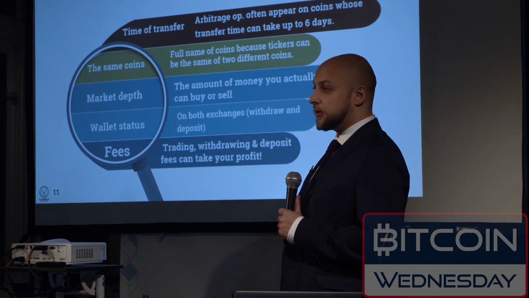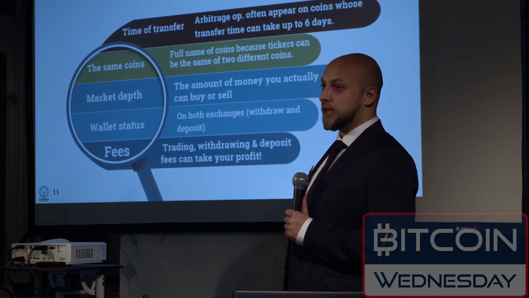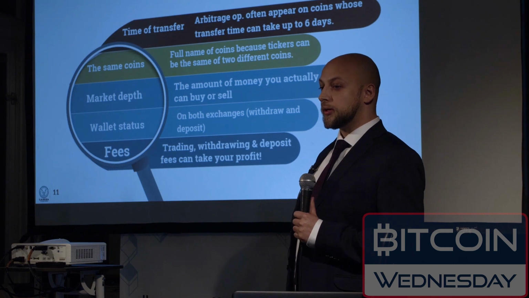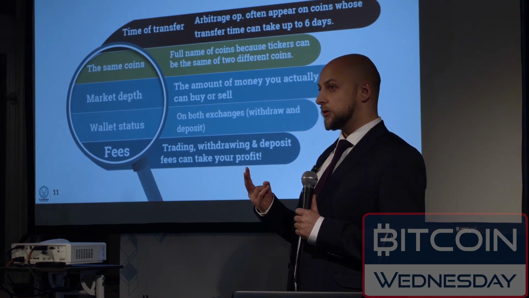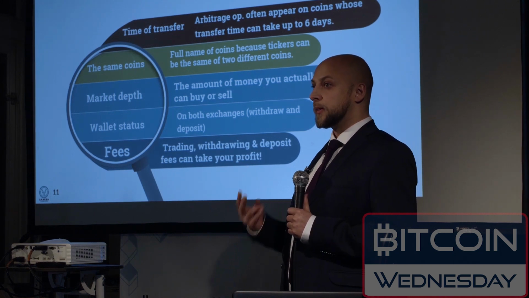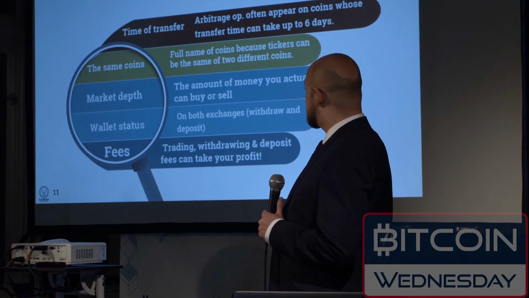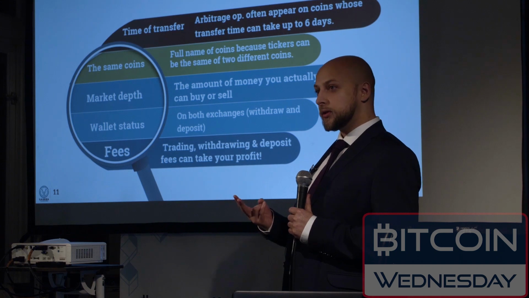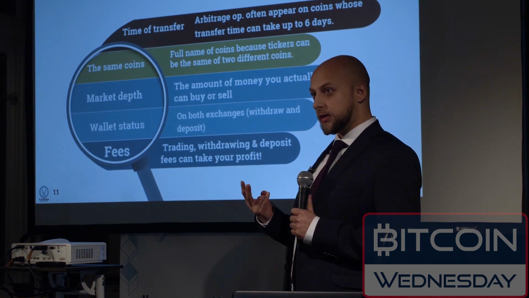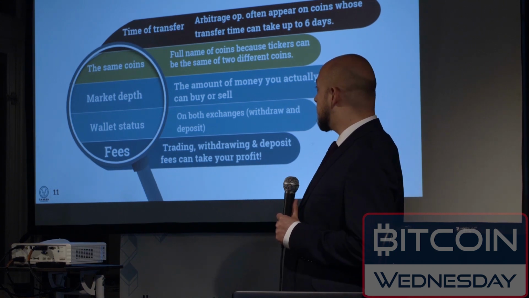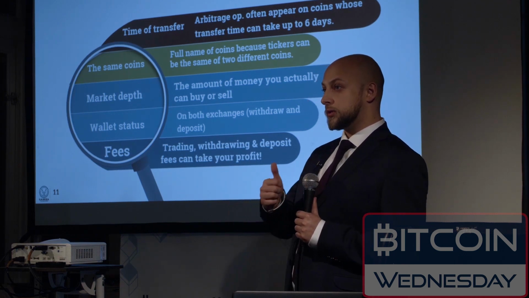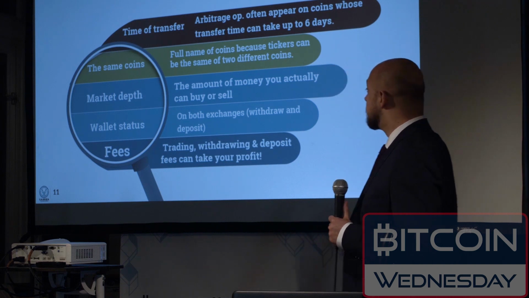And there are a lot of tokens that have the same ticker as other coins. So there could be 2 different coins with the same ticker. I even saw a situation where there were the same ticker and the same names, but these were 2 different coins, because one was a token and one was just a coin.